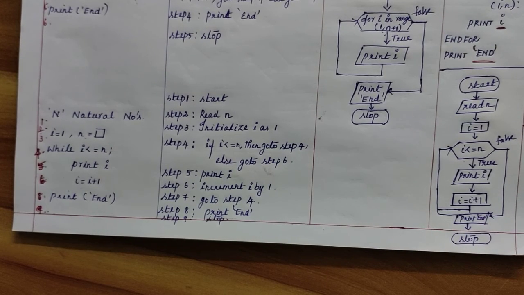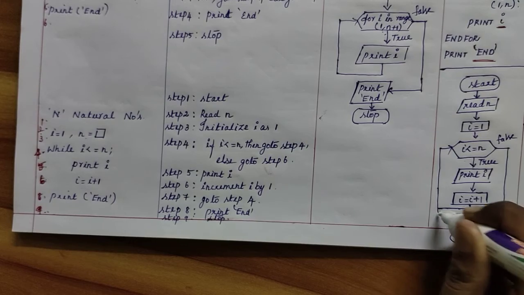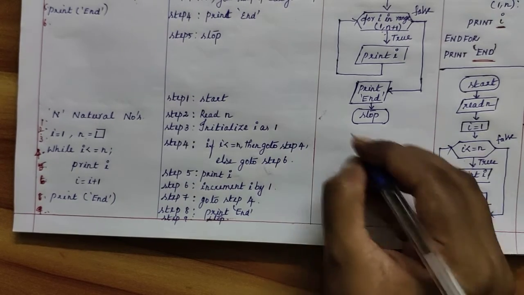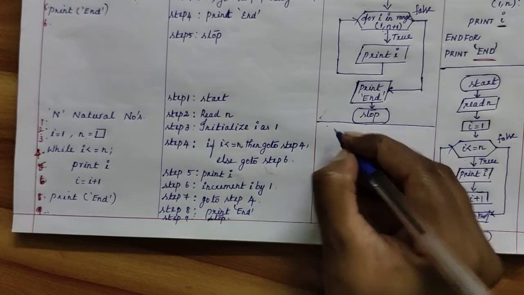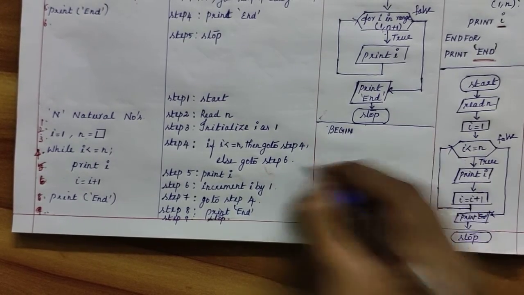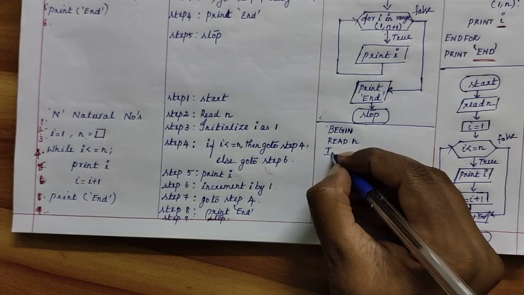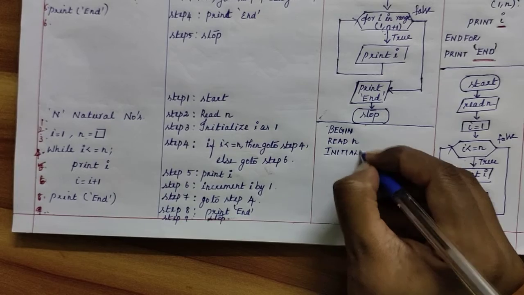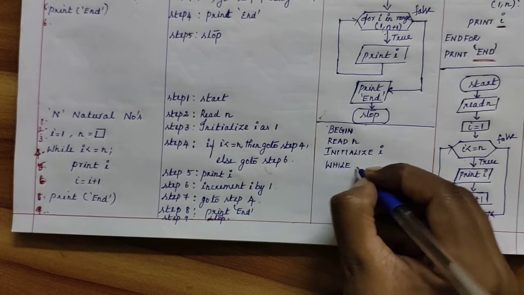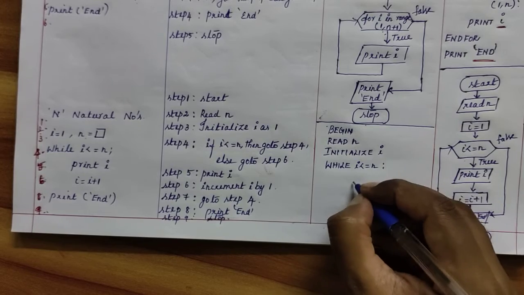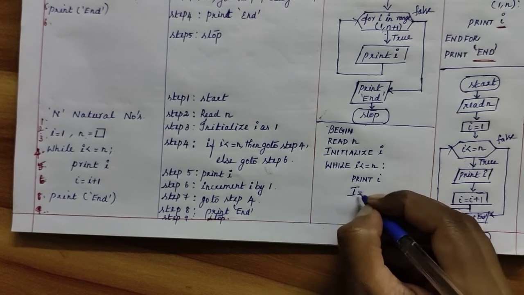Now we are going to see the pseudocode. So the first step is begin, and the next one is read n, and the next step is initialize I, and the next step is while I is less than or equal to n, and the next step is print I, and the next one is I equals I plus 1, or you have to write like this, right?